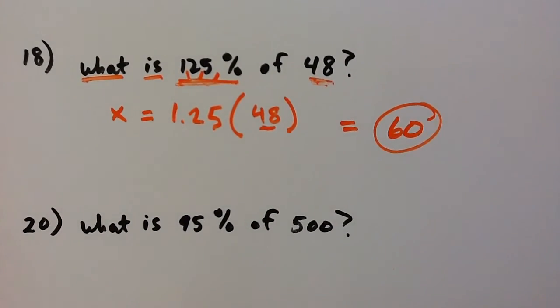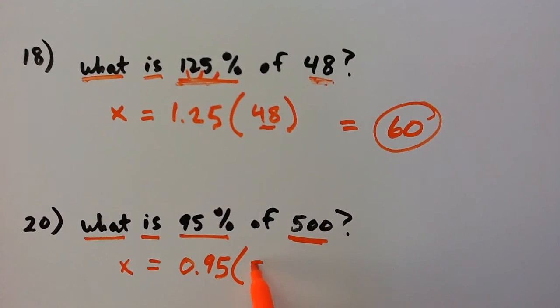Last example here: what is 95% of 500? For the word "what," we use a variable. We'll use x. "Is" means equals in math. To write 95% as a decimal, we divide by 100 or move the decimal 2 places to the left. That would be 0.95. "Of" means multiply, and we're multiplying by 500.